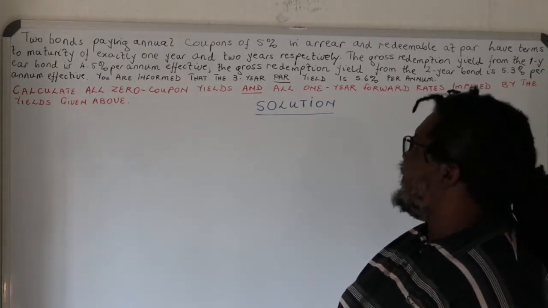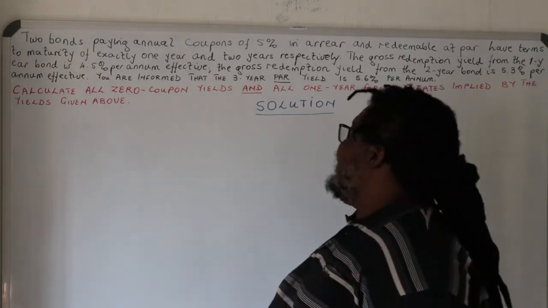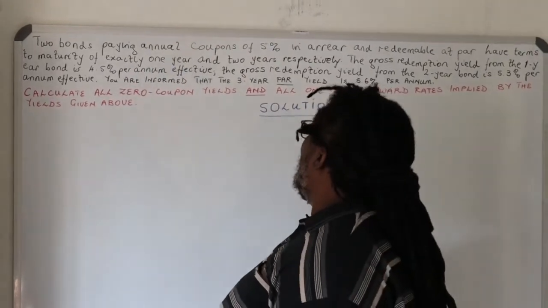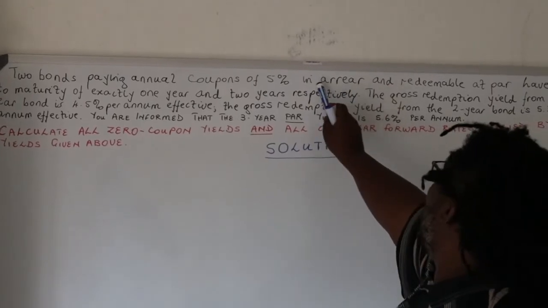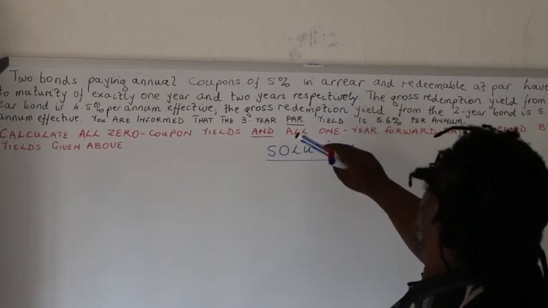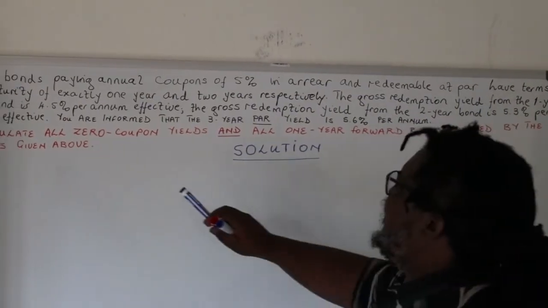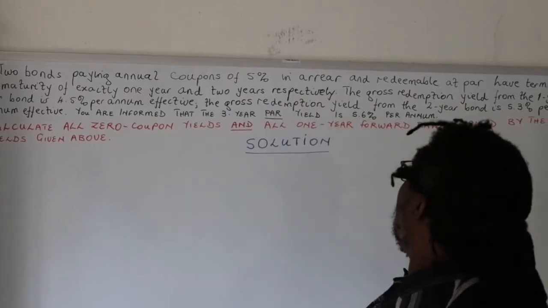So there are two things. Let us read the question first. The question says: two bonds paying annual coupons of 5% in arrear, that is important to note, and redeemable at par, have terms to maturity of exactly 1 year and 2 years respectively.